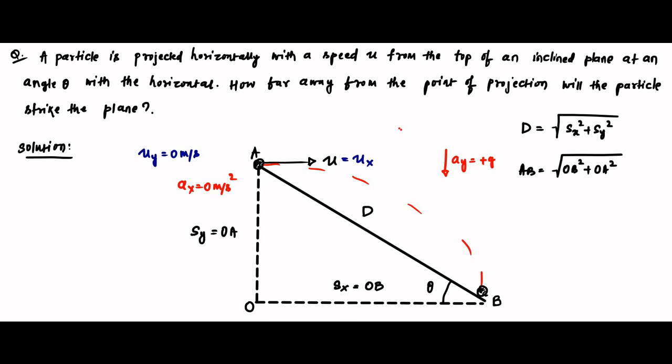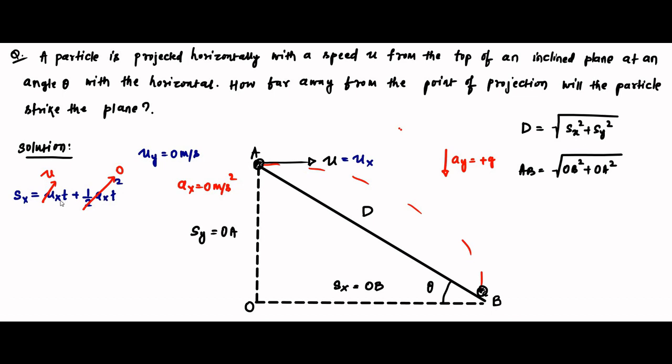Now Sx is equal to uxt plus 1 half ax t square. Now ux is u, and ax is 0, so this whole term becomes 0. For the entire projectile motion, when the particle covers the net horizontal displacement of Sx, the total time which passed is called the time of flight.